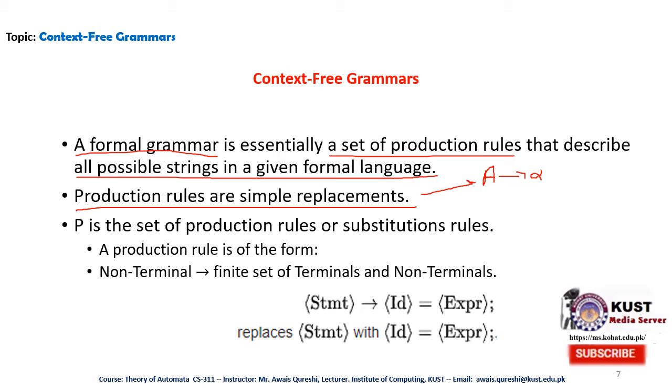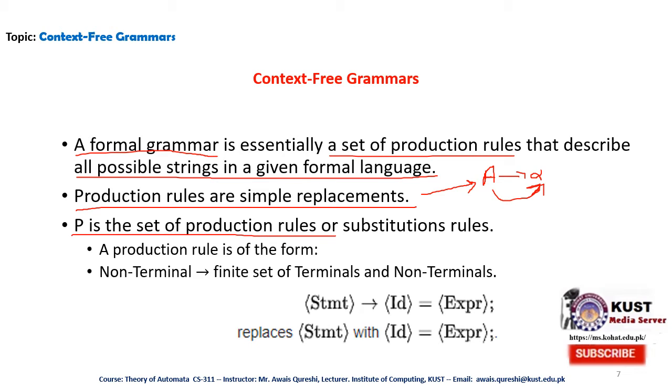We can replace A with alpha when we see A in substrings. So this is a production rule, and we generate different strings with the help of it. Production rules are simple replacements, which means we can replace substrings with the help of production rules.